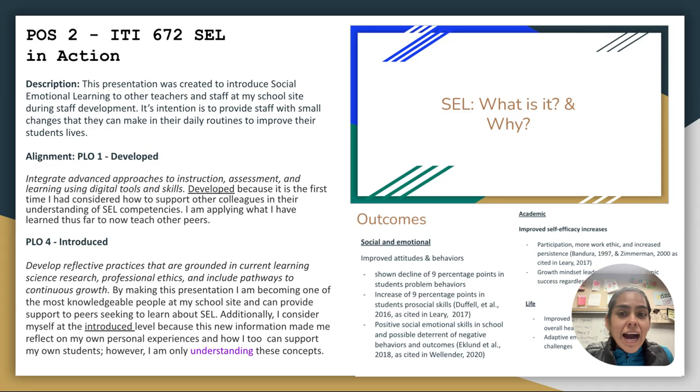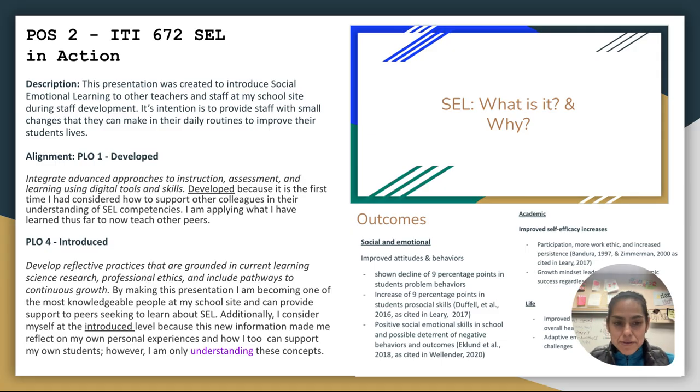And in ITI 672 SEL in Action, I chose a presentation that we created to introduce SEL to other teachers and staff members as if we were going to be sitting in a school-wide meeting. And the purpose of it was to provide staff with small changes that they could make in their daily routines to improve their students' lives.